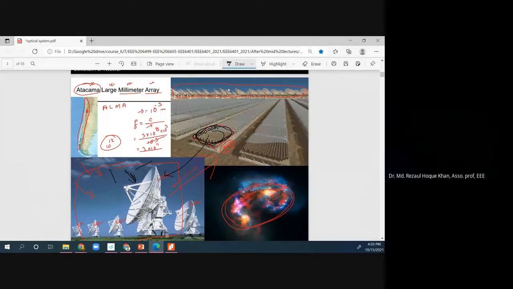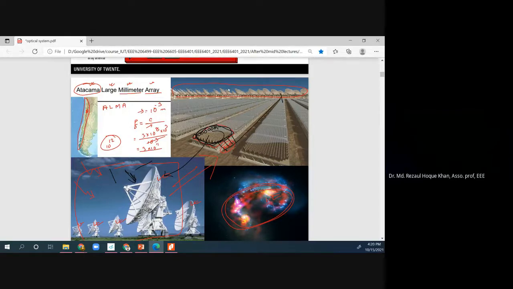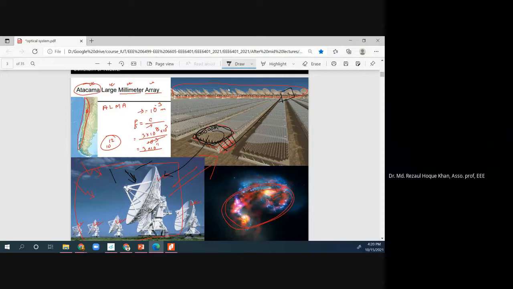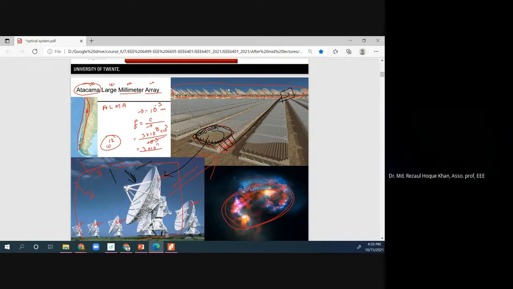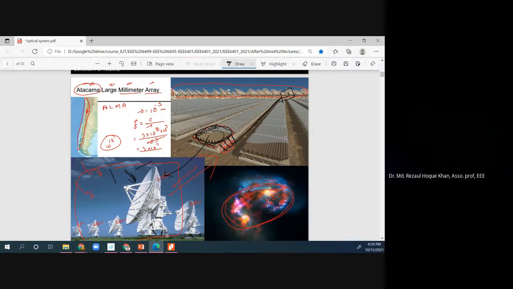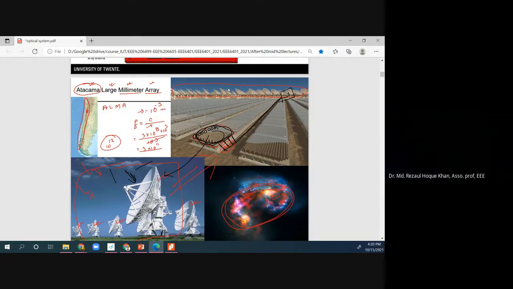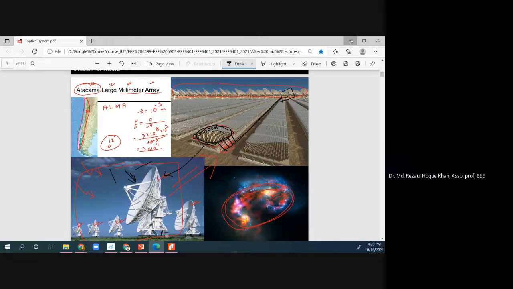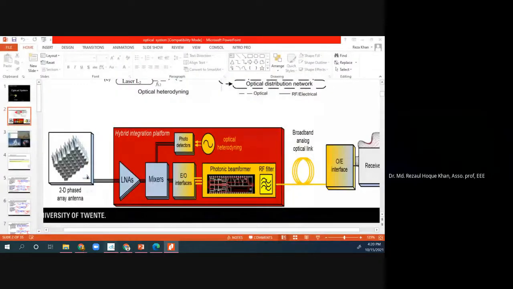You see here there are lots of yellow lines. All the yellow lines go to the central office. For example, imagine here is a central office. From the central office, you can distribute this, so the complete system can be replaced by its equivalent in the optical domain.